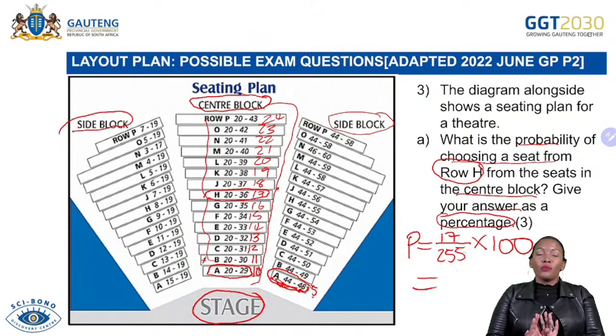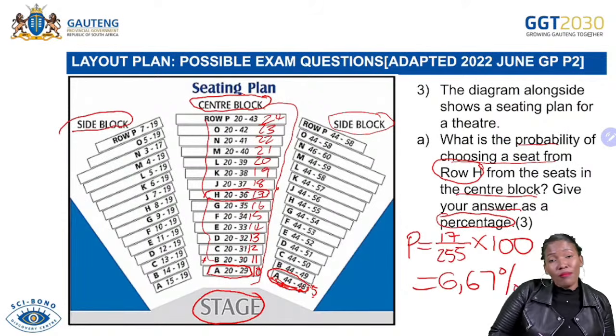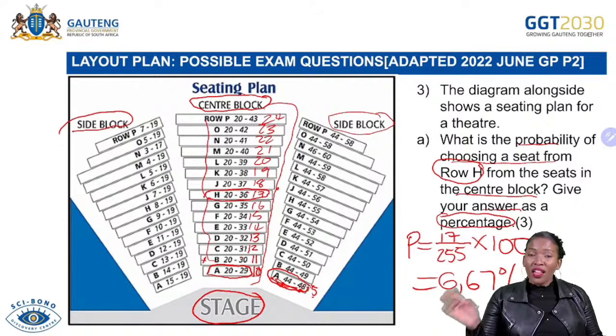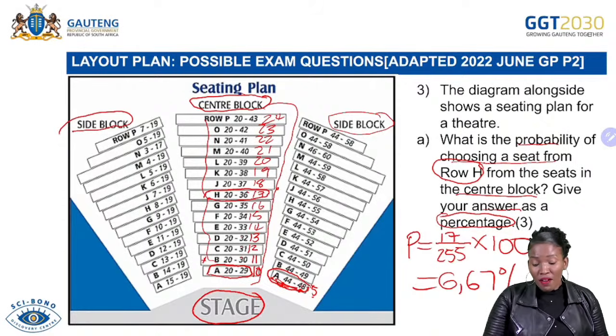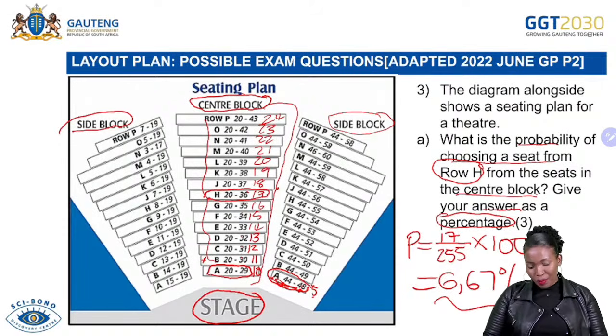They didn't say it must be rounded to 2 decimal places or 1 decimal place or the nearest whole number. The only instruction that they gave was that it must be written as a percentage. So this is our answer. It is 6.67%.